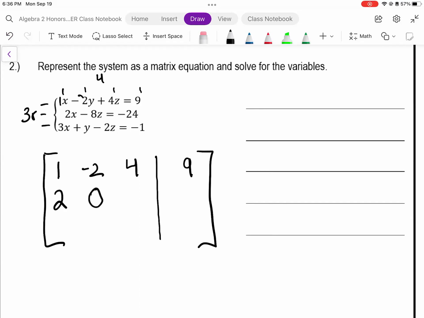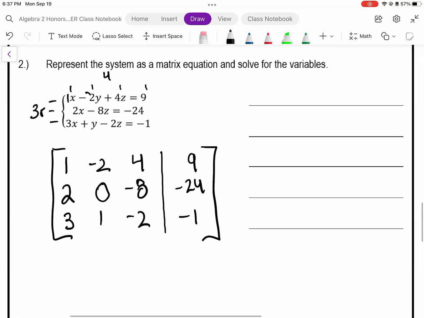And then -8 represents our Z. Okay, it's very important that you don't mess up the order. It's X, Y, and then Z. And on the last row is going to be 3 for X, 1 for Y, -2 for Z, -1 as the constant, and I forgot -24 as the middle constant. So that represents our matrix.